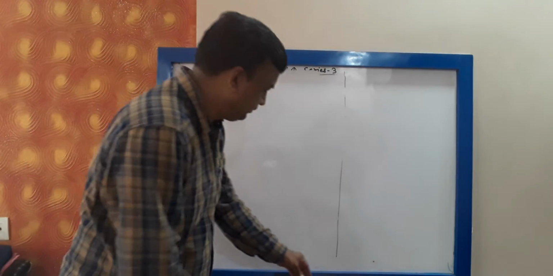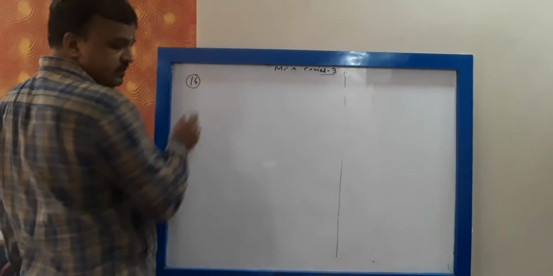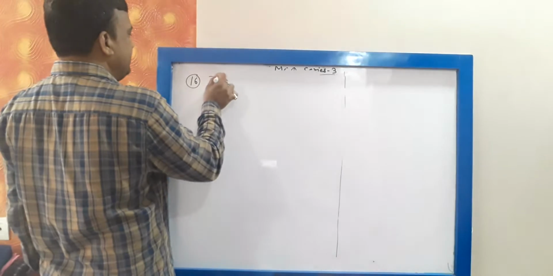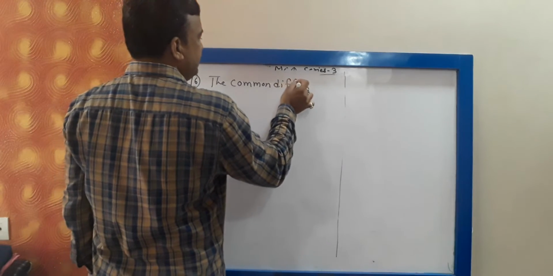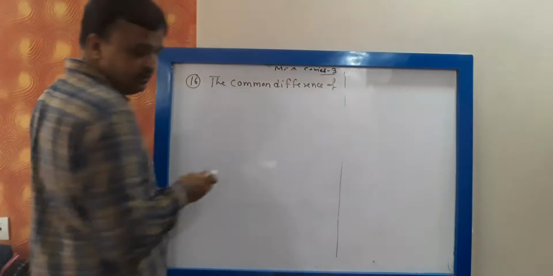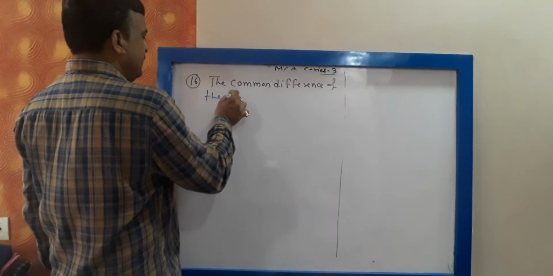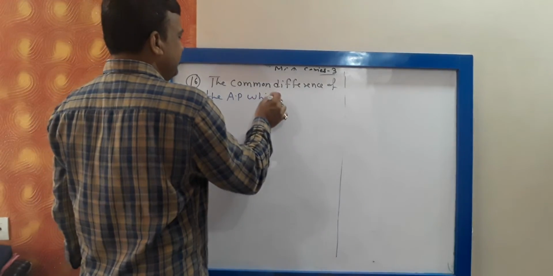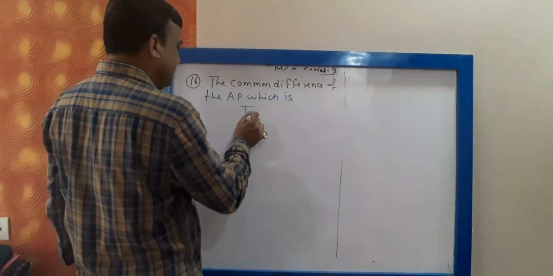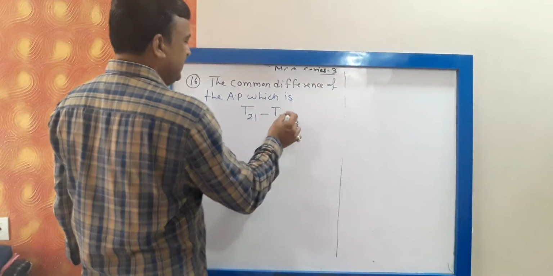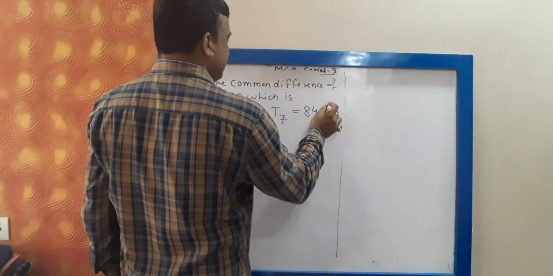Now next question, 16. The common difference of the AP, which is T21 minus T7 is equal to 84, is?